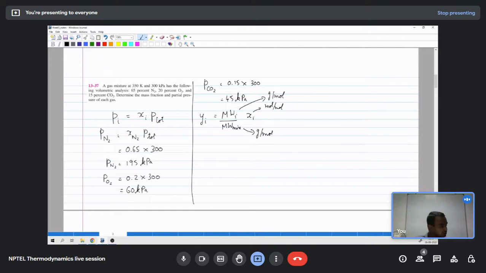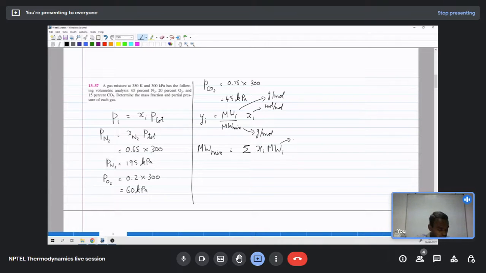So to calculate the molecular weight of the mixture, it can be calculated by multiplying the molecular weight of the individual components with the molar fraction of individual components, and summing it up, we will get the molecular weight of the mixture.